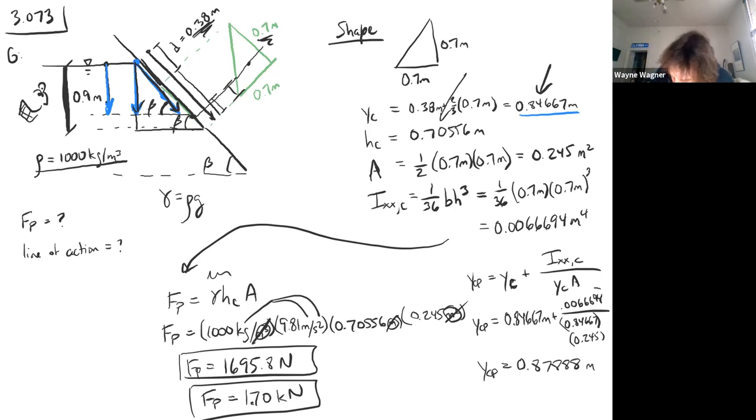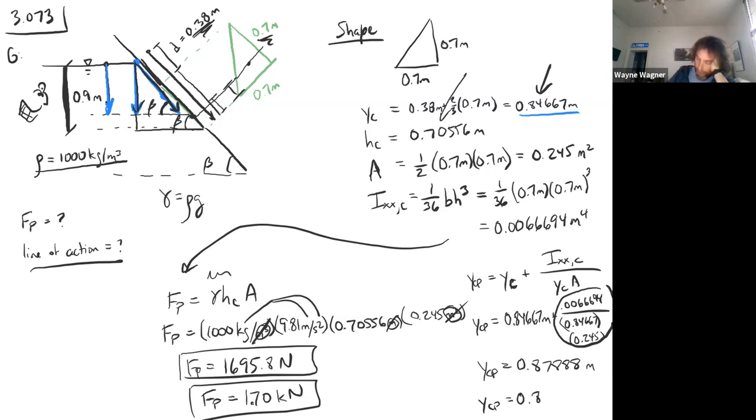If you look at this, we've got meters to the fourth on the top and meters to the third on the bottom. Now, what's the line of action? To me, if something asks for the line of action, it has to be relative to something. This would be fine because this is YCP, the distance from the surface of the water.